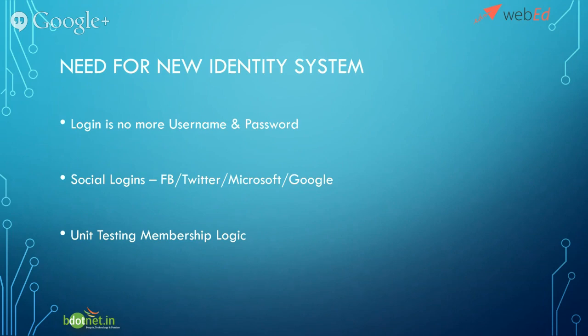Gone are the days where username and password is the login for you. As I said earlier, predominantly any site would now have Facebook, Twitter, Google Plus, you name it, Microsoft Live ID. These are becoming the default auth providers, in terms of an authentication mechanism.